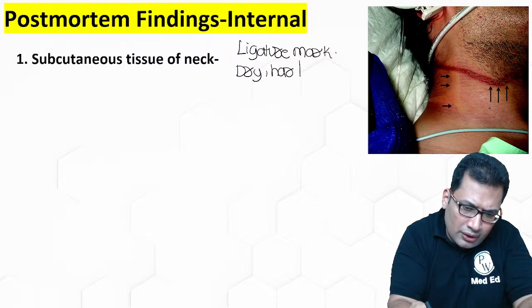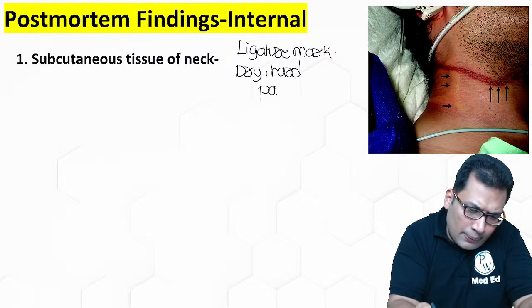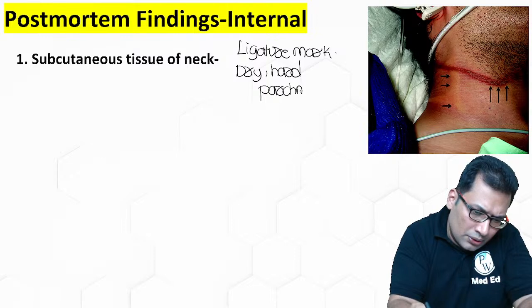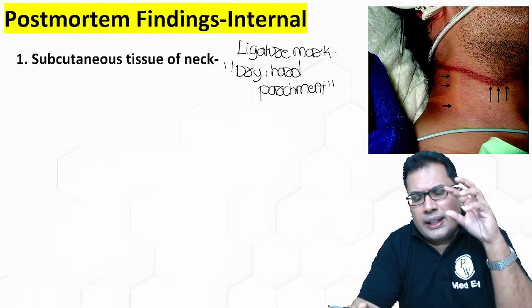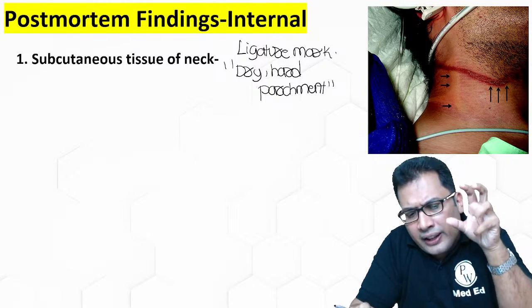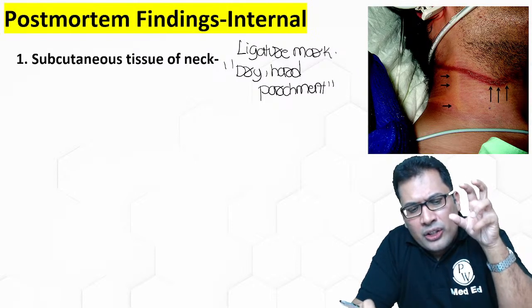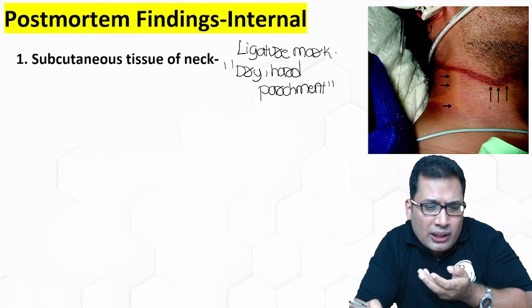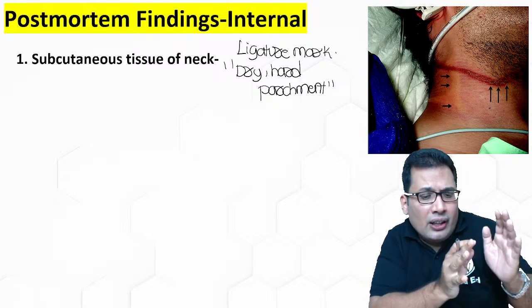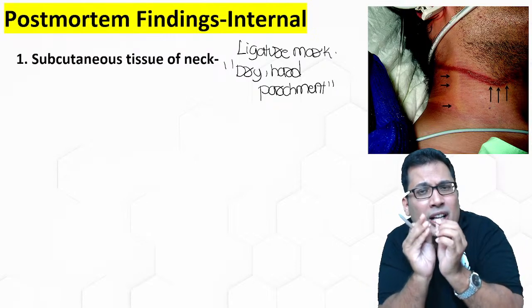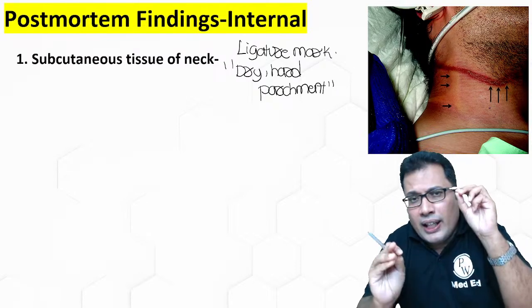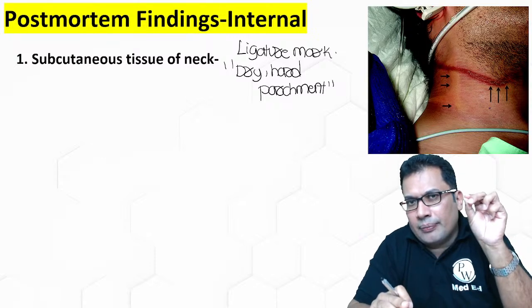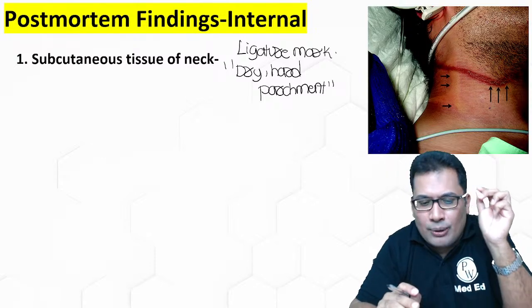It looks like parchment paper. This is very important, guys. In case of hanging, the subcutaneous tissue beneath the ligature mark is dry, hard, and looks like parchment paper. In case of ligature strangulation, it is soft and edematous.